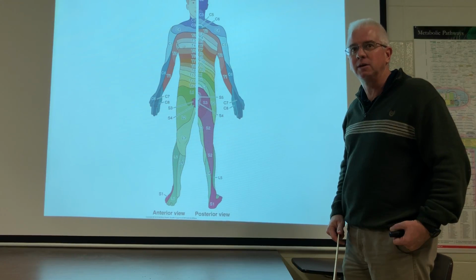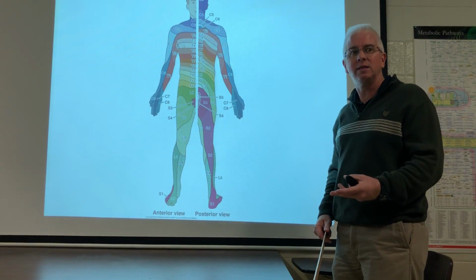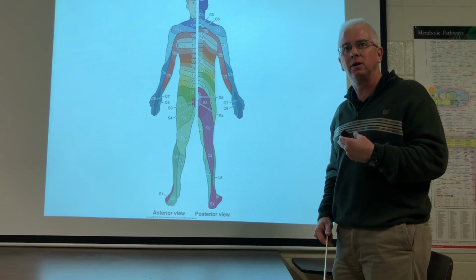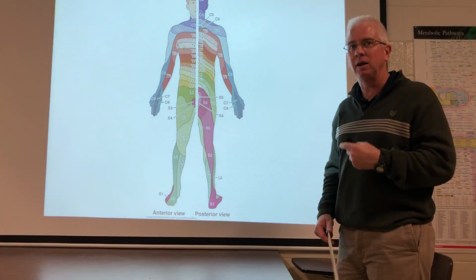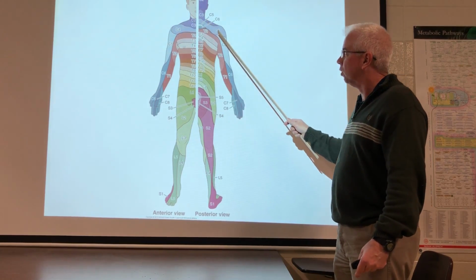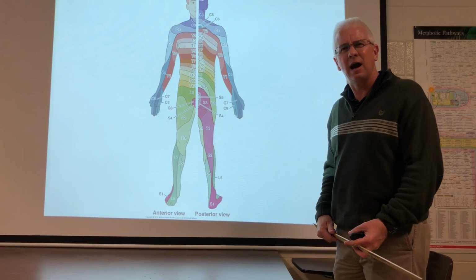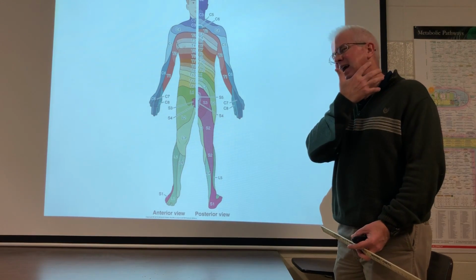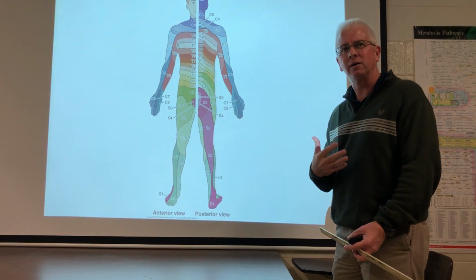This is a phenomenon called referred pain. The phrenic nerve is carrying the pain information from the heart, but your brain is interpreting it as coming from C3, C4, C5 dermatomes, as though I'm having pain in my neck and my arm, but the pain is really coming from my heart.